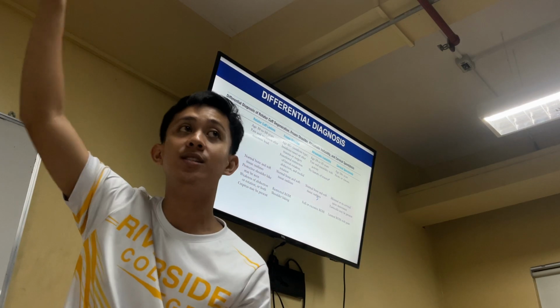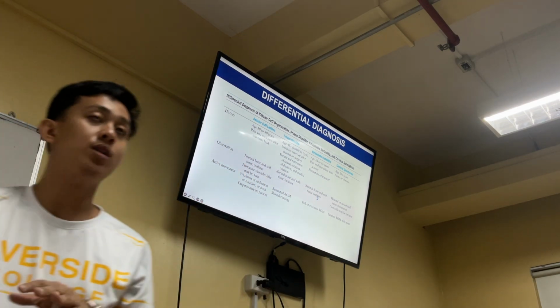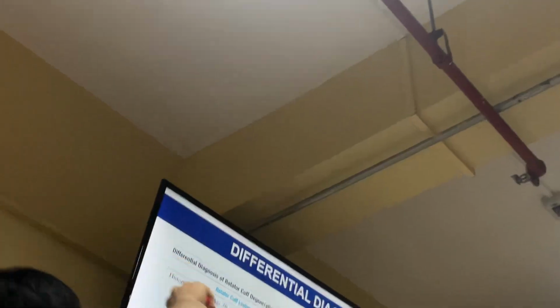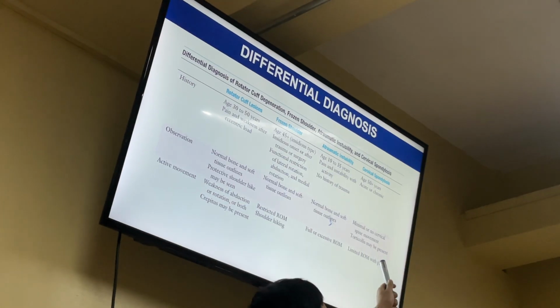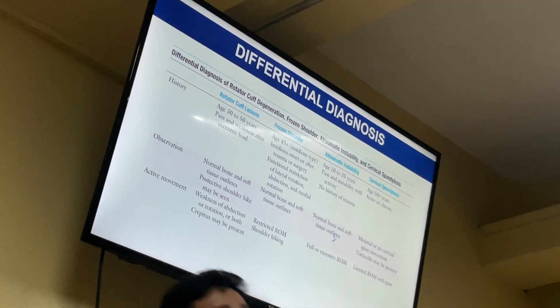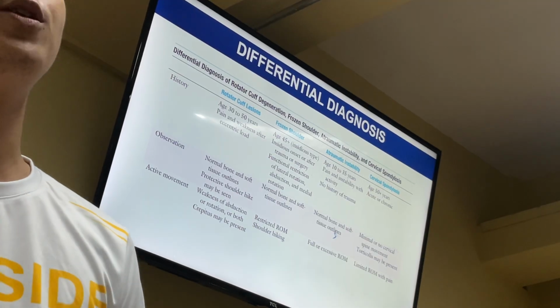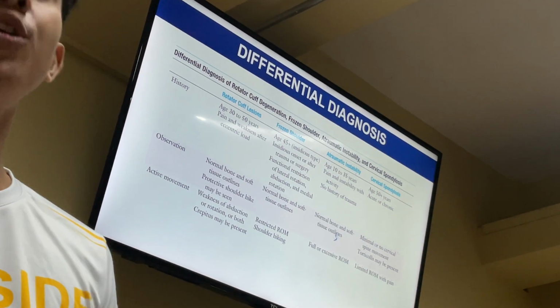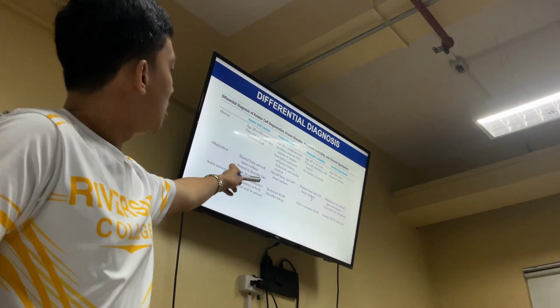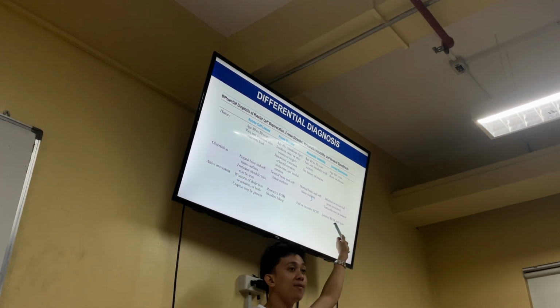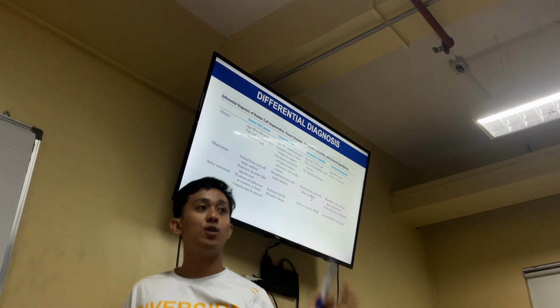Question, or you can add cervical spondylosis, no? Cervical spondylosis, because in here, di ba, limited ROM with pain is usually neurological in nature. Maybe there will be impingement of a nerve which supplies the specific muscles of your shoulder, so there might be an affectation, so you can add your cervical spondylosis.